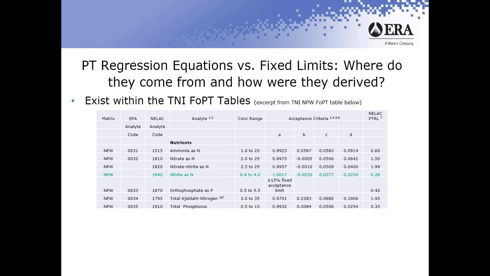Some will have no A and B factors, or no predicted mean factors. Some will have a strict plus or minus 15 or 10% acceptance limit depending on the analyte. And some may just have a C and D, or predicted standard deviation regression equation. So we're going to use nitrite in the next example to take you through the exercise of how an acceptance limit for NPW is calculated.